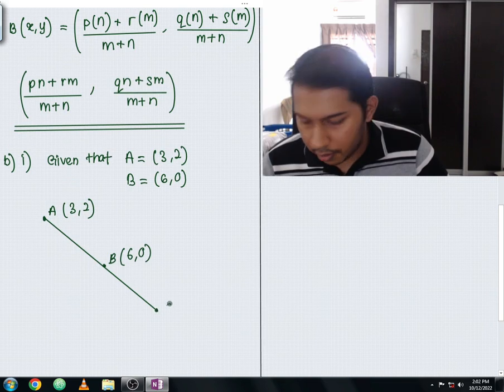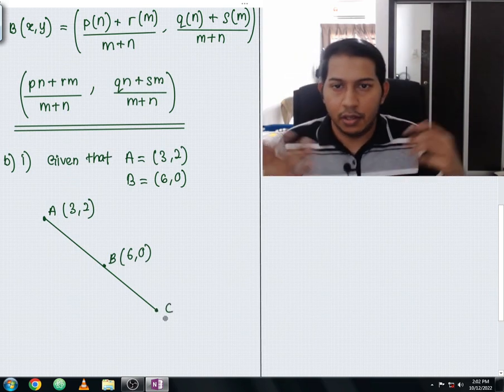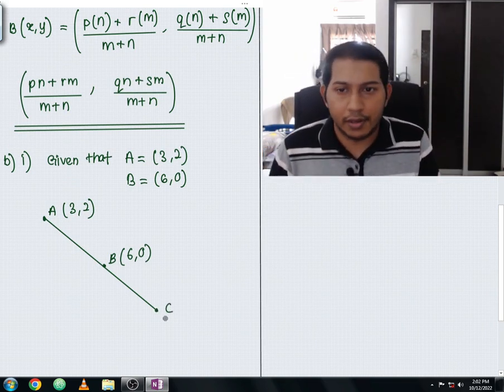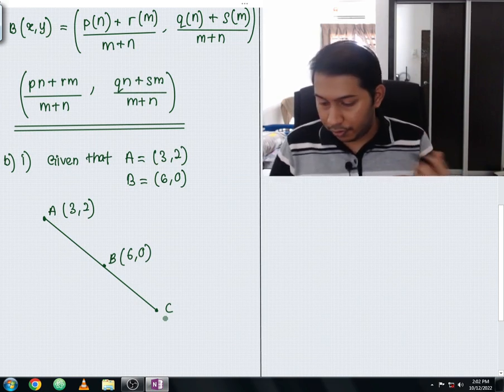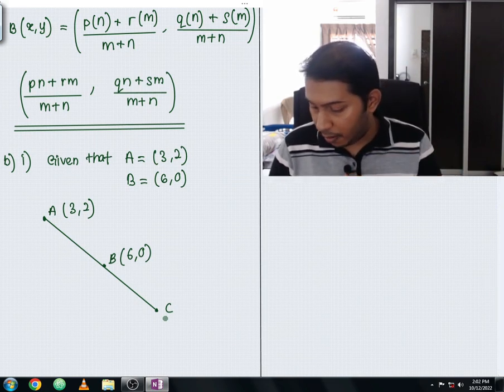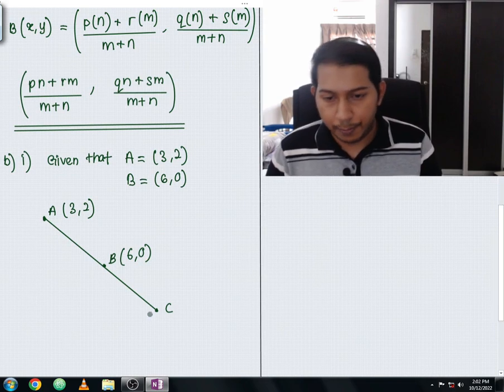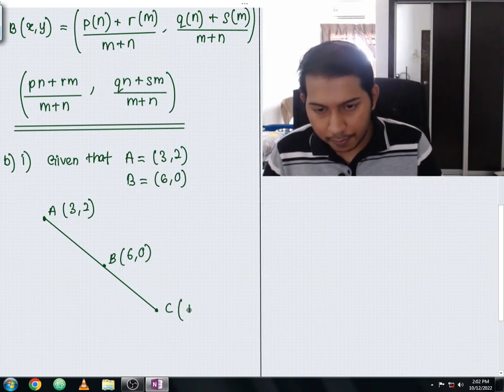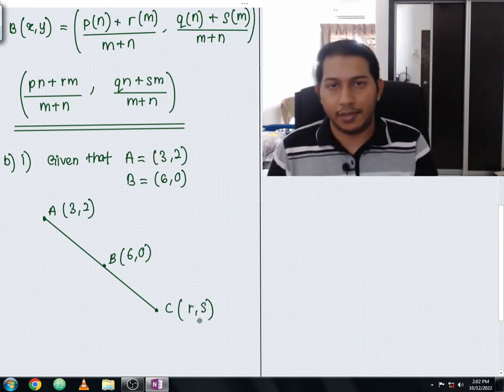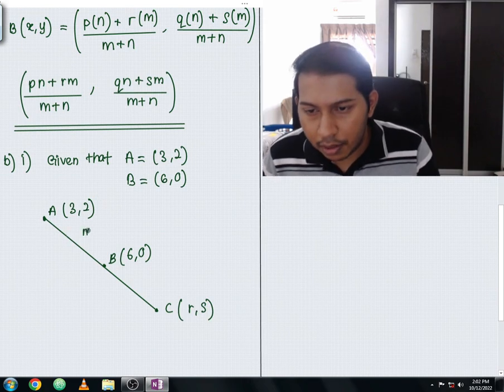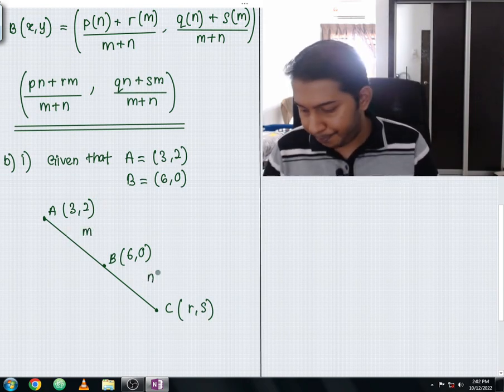Then coordinate C: do you know the coordinate C? We don't know yet, so that is what we are about to find now. We are about to find the range. In this case (R, S), and then we write the ratio here respectively.